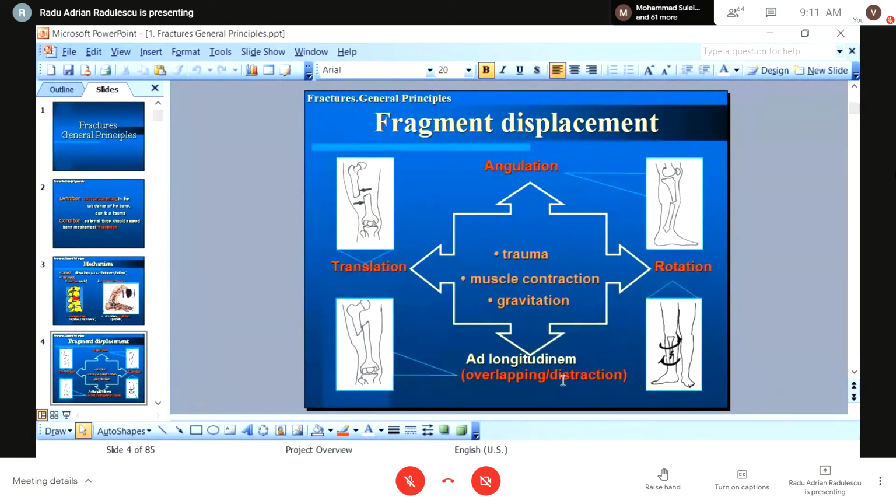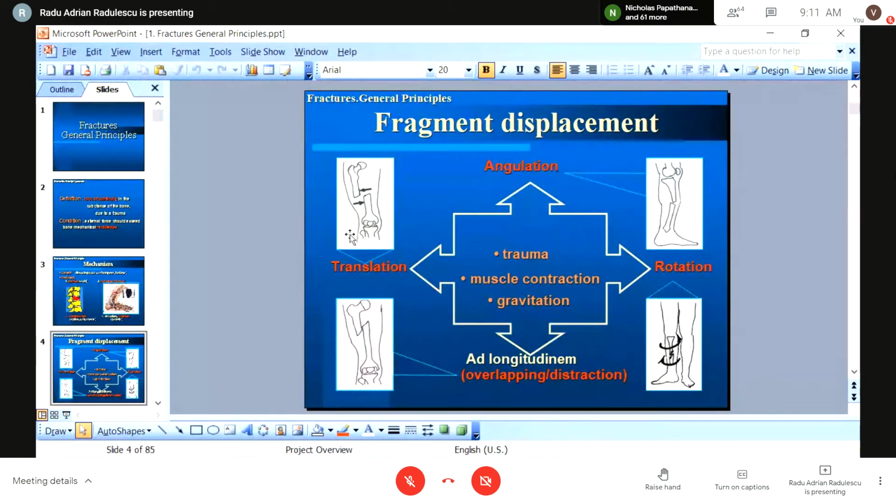So the muscle traction is responsible for the displacement. And mainly we can have four elementary types of displacement. The first one, well, it's not the first one, it's one of them only. But let's say the first one may be the lateral displacement, which is called also translation.